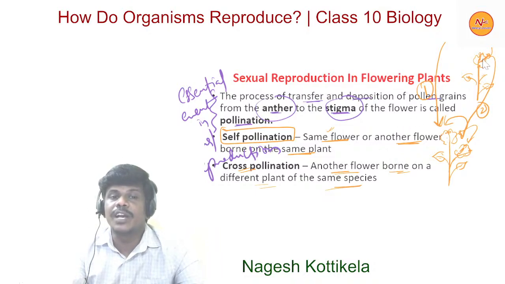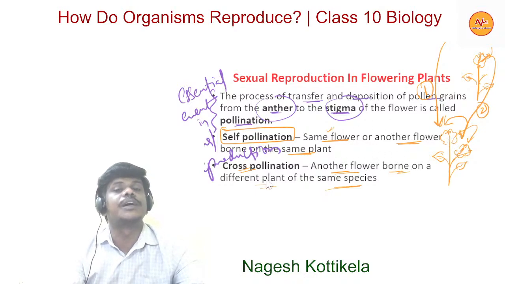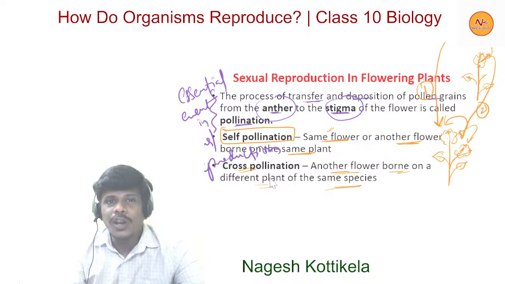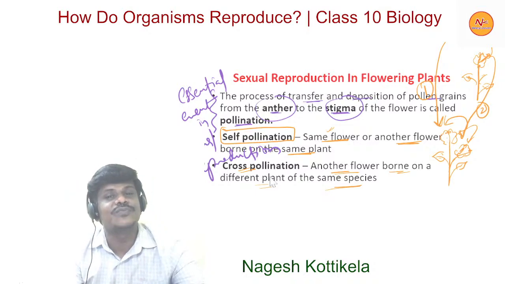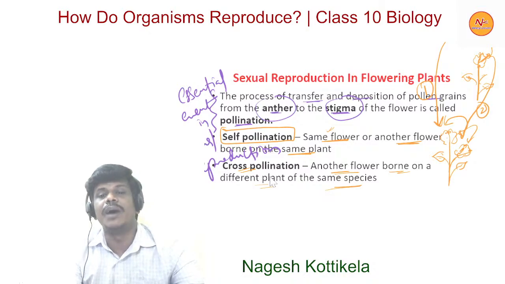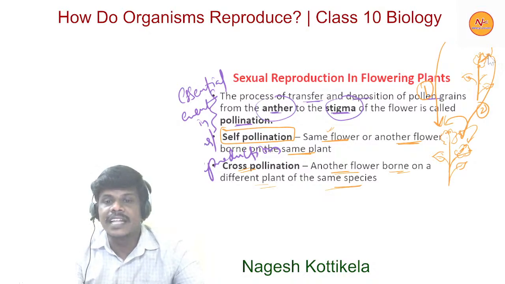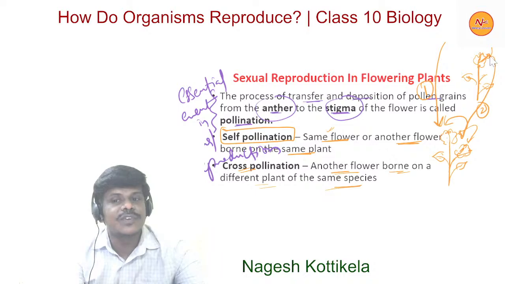Flower of one plant to flower of another plant of the same species. This is what we call cross pollination. As a whole, the summary: what is pollination? Transfer of pollen grains from anther to stigma. Here also the pollen grains are transferred from anther to stigma, and here also from anther to stigma.